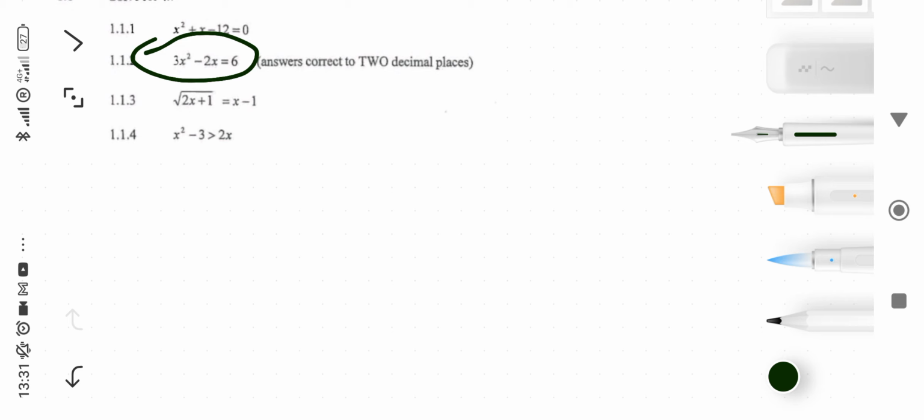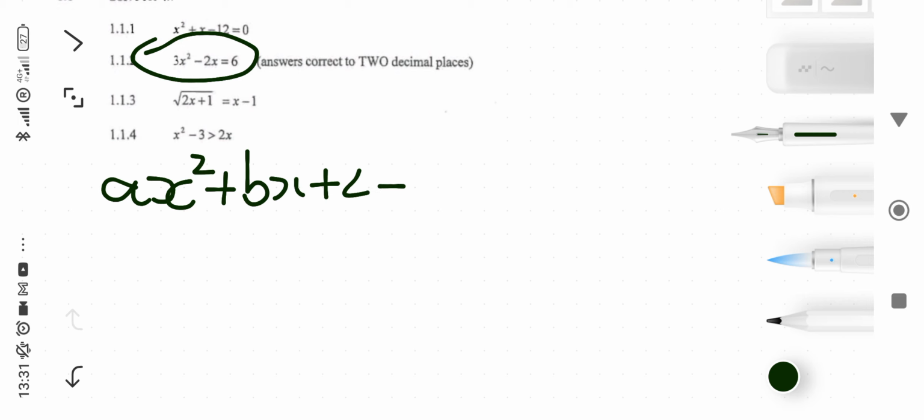So we want it in the form ax squared plus bx plus c, and this must equate to 0. So that's what you want. And once it's in that form, it becomes easy to identify what A, B, and C are. We know A is our coefficient of the x squared term, B is our coefficient of the x term, and C is our constant.